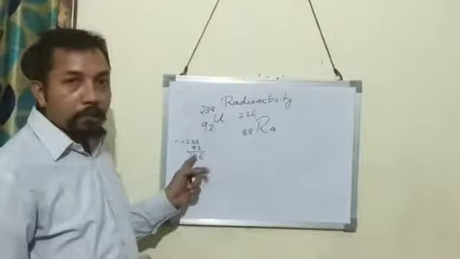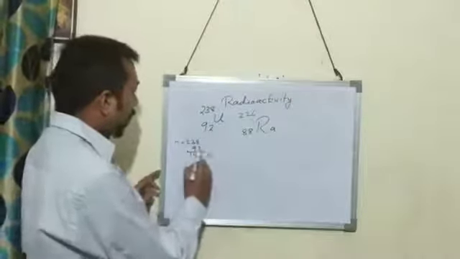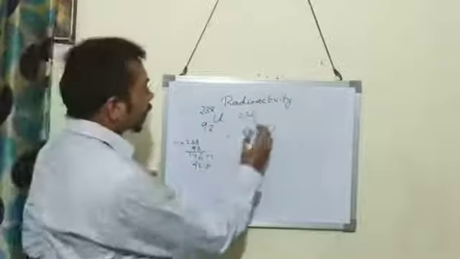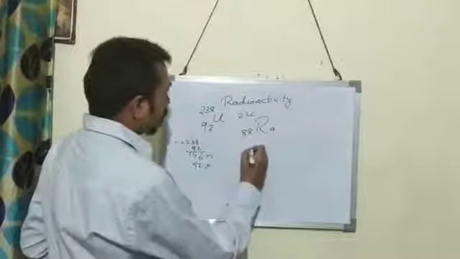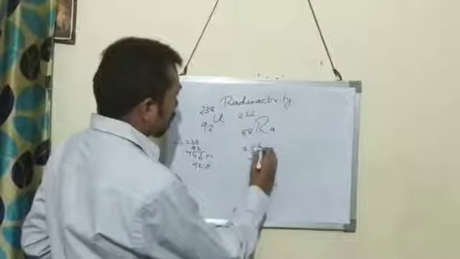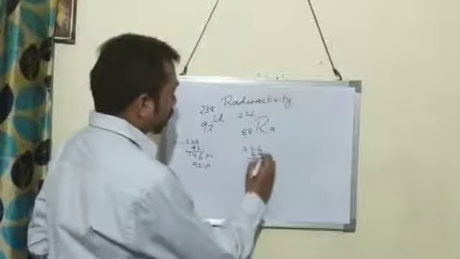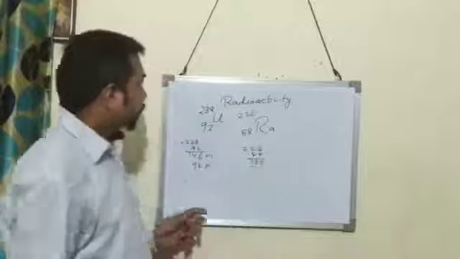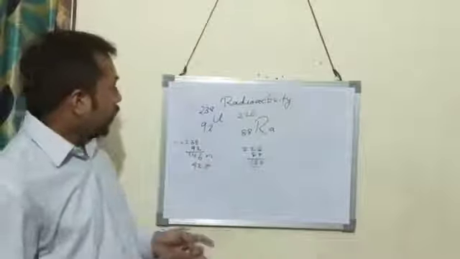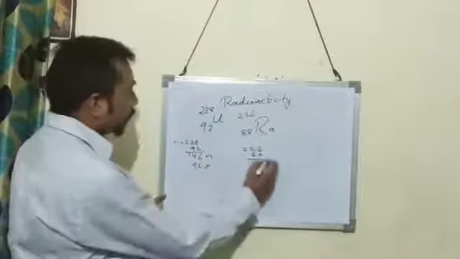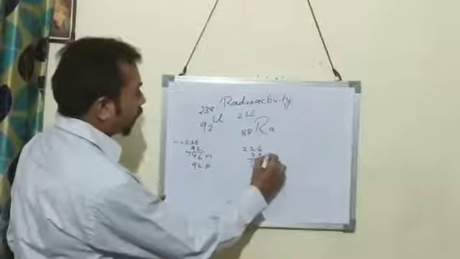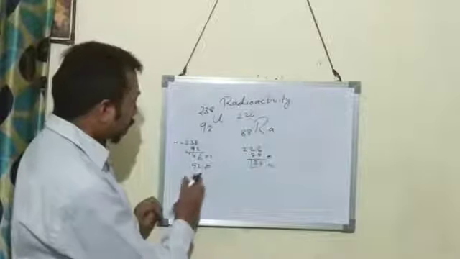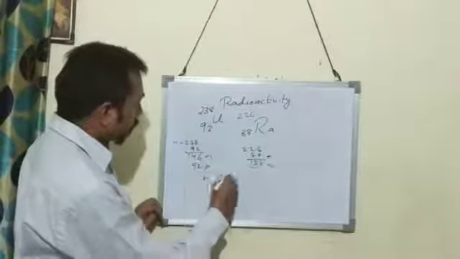There are 146 neutrons and 92 protons. For radium, how many neutrons are there? That is 226 minus 88, which is 138. So here there are 138 neutrons and 88 protons. You can see the number of neutrons is more than the number of protons.